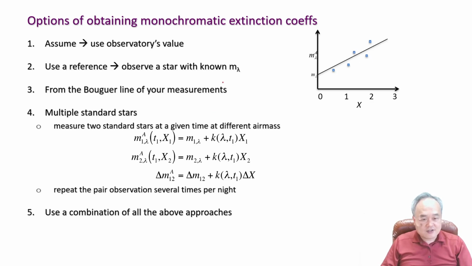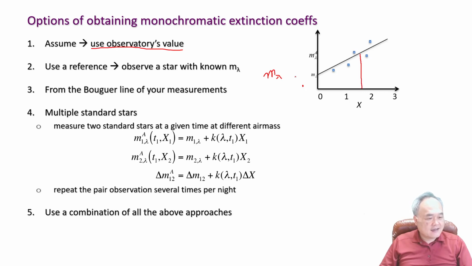In that case, you can simply use the observatory-provided standard nominal value of the extinction coefficient, or you observe just one known-brightness object. One object of known m sub lambda, at only one air mass.